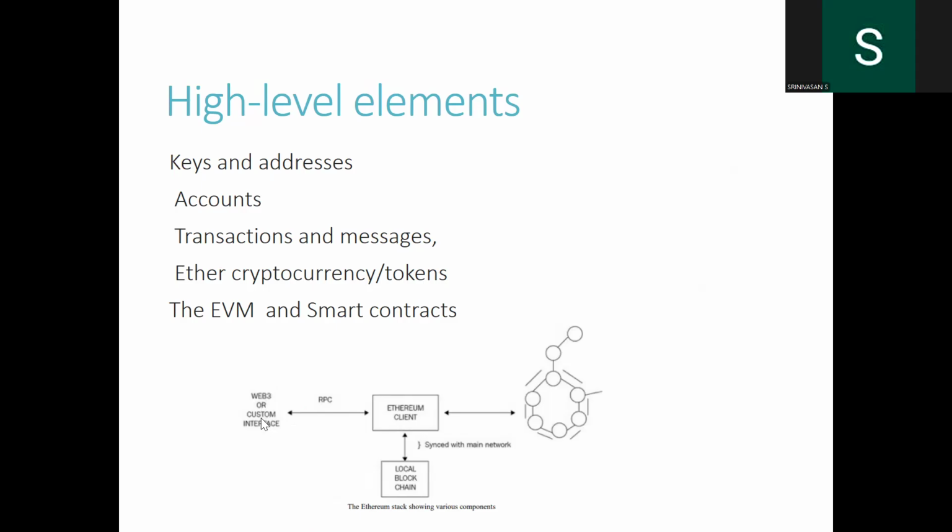The Web3 or the custom interface is accessed through remote procedure calls, and the Ethereum client enables users to access the network, and it is connected to the local blockchain. So the local blockchain is synchronized with the other blockchain nodes. So it is automatically updated as soon as all other blockchains are updated.